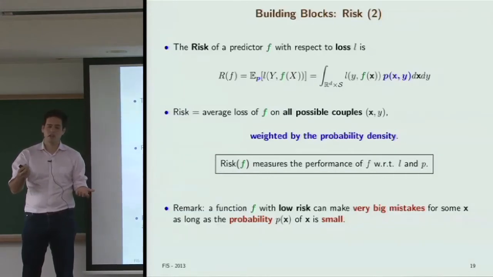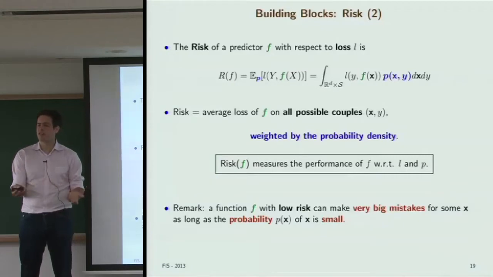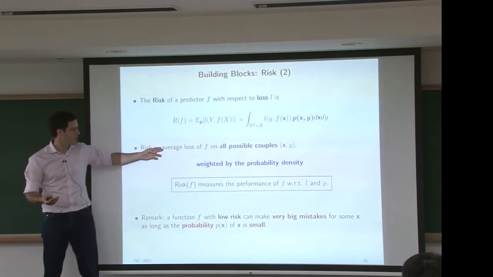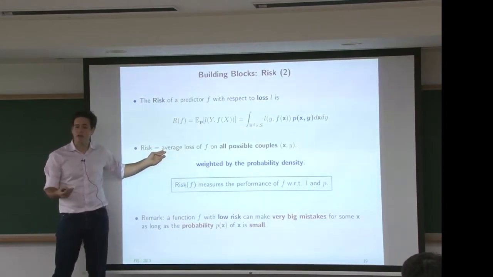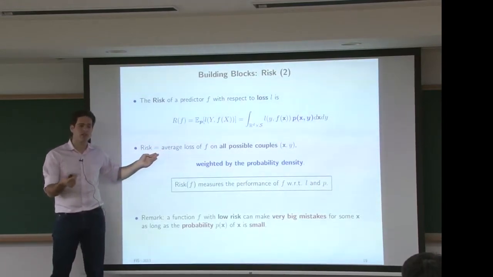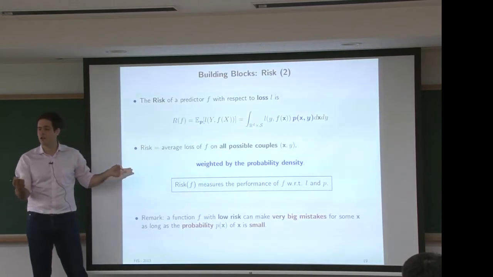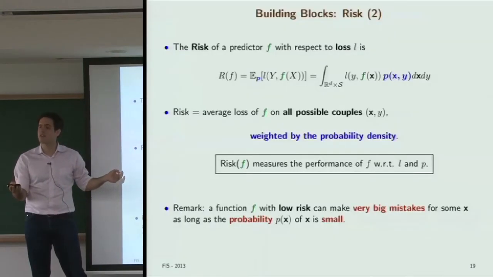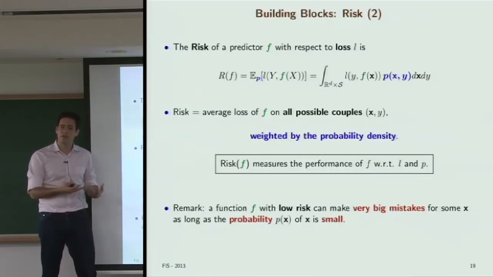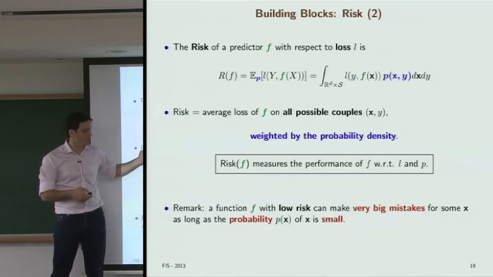Why? Because there are so few people that tall that it will make a very, very small mistake on average. However, if your function makes lots of mistakes in the range of 170 centimeters, then this will have a very big impact on the risk of your function.